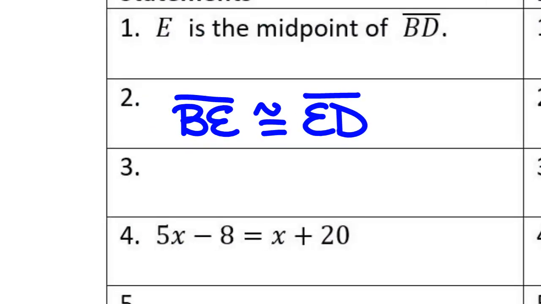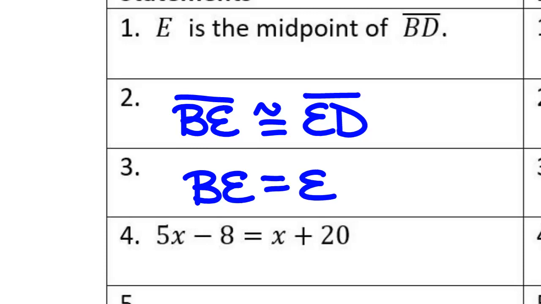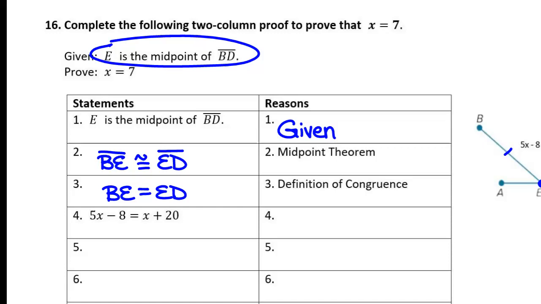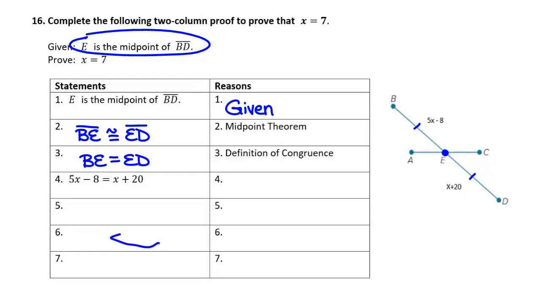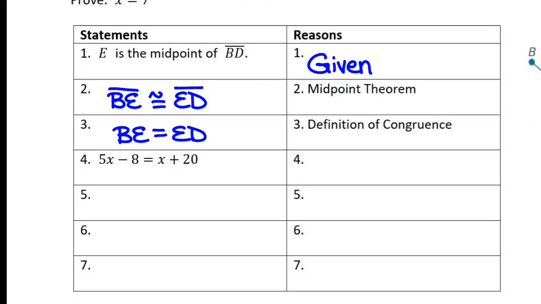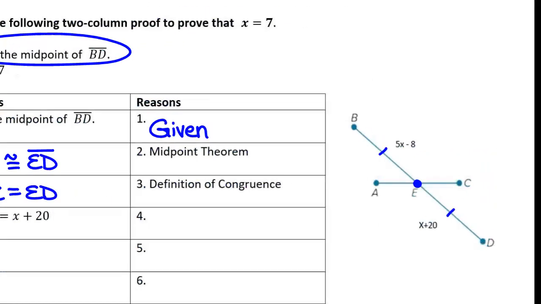If BE is congruent to ED, what does that mean about their measurements? They're the same. So BE is equal to ED. That is the definition of congruence. If I have two things that are congruent, their measurements are equal. Where did this 5x minus 8 and x plus 20 come from? Came from the segments in the picture.